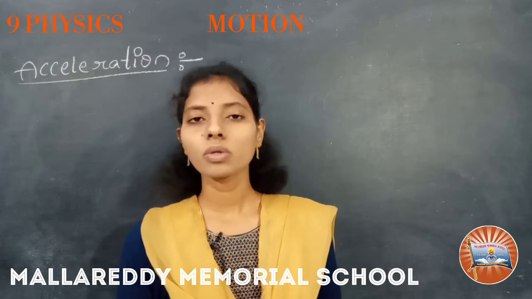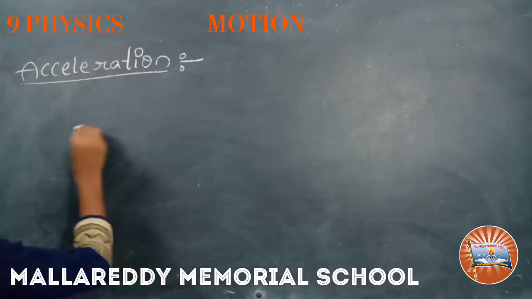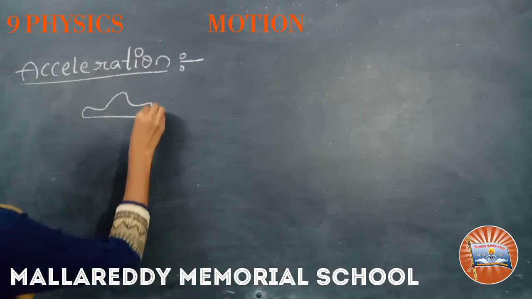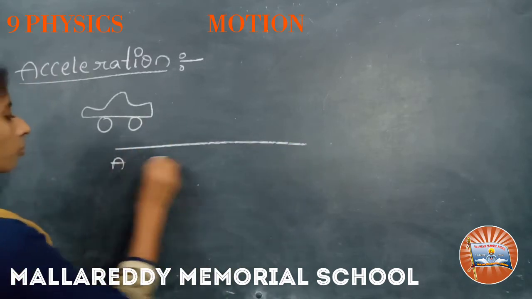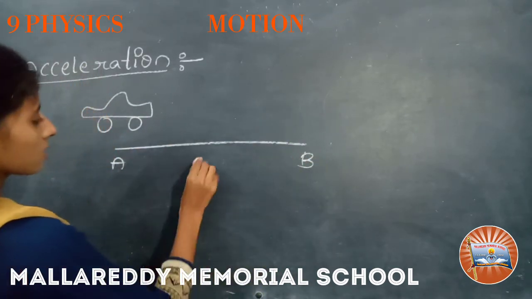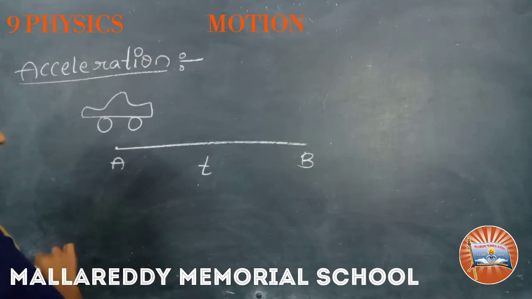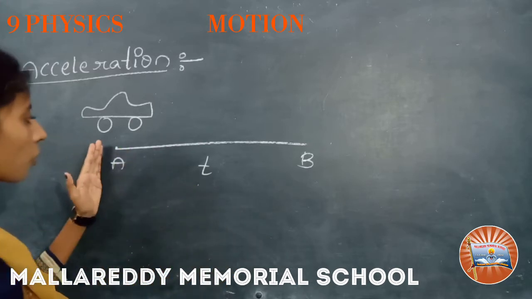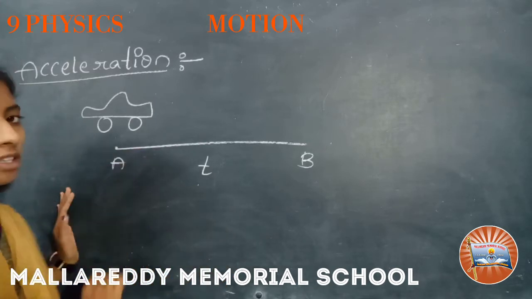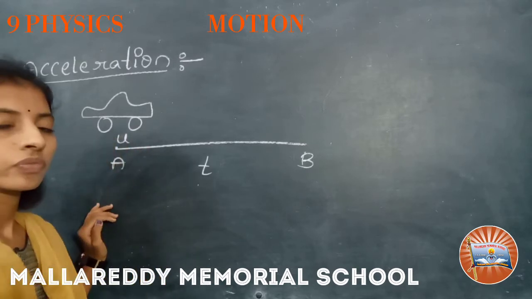Actually, when we want to calculate acceleration, we have to follow a rule. When the car is moving on the road from point A to point B, it travels in time t. From point A the car starts its motion. At this point, the car is at rest. We can say that is the initial point.